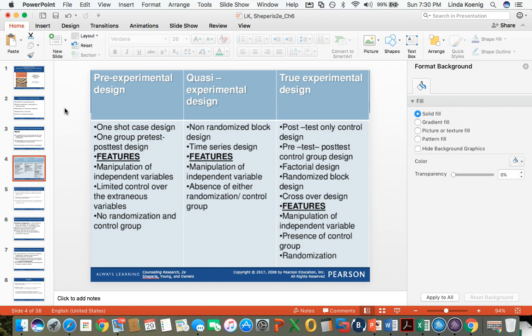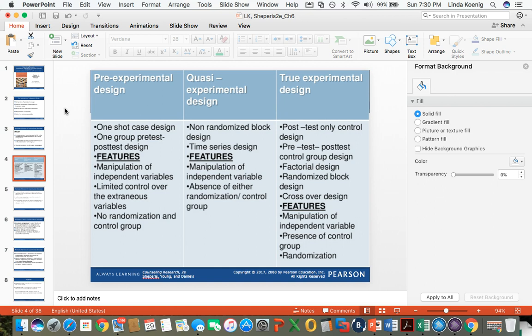And then on the far right, our true experimental design. It is post-test only design. It can be a pre-test, post-test control group design. It can be a factorial design. It can be randomized block design or a crossover design. And the features, we are manipulating the independent variable. We have the presence of a control group, and we have randomization.